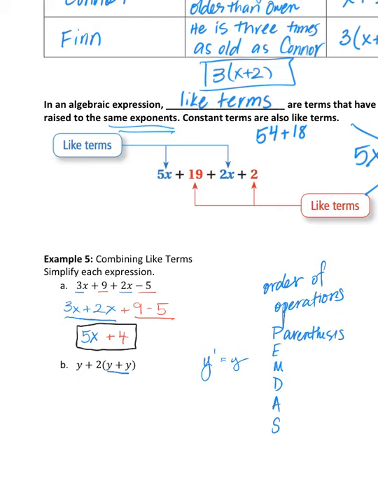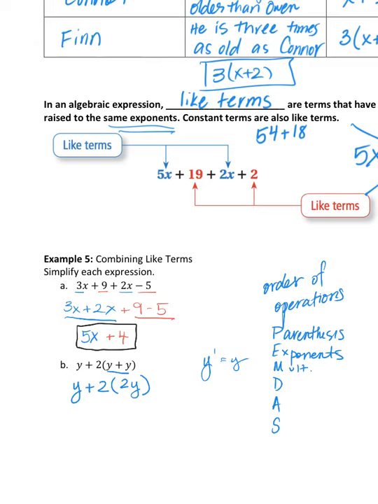So what we can do is actually combine that first. So now I have y plus 2, and in parentheses, y plus y is a 2y. So I've kind of shrunken down what's inside the parentheses. So next would be exponents, which in this case I don't have any exponents involved in this problem. So then we have multiplication, because that's what's next in our list.